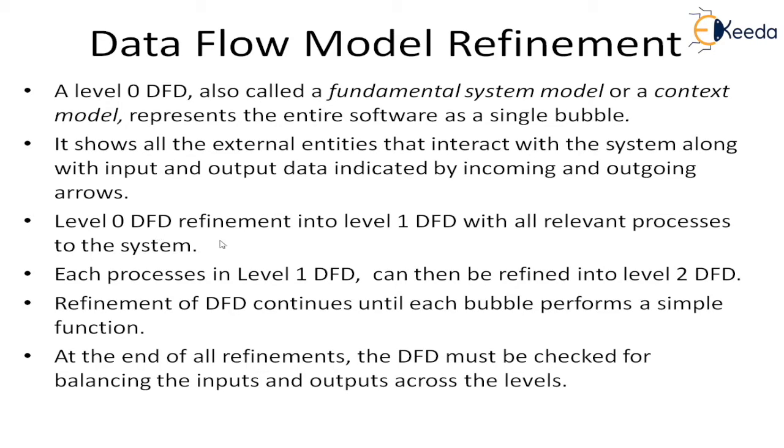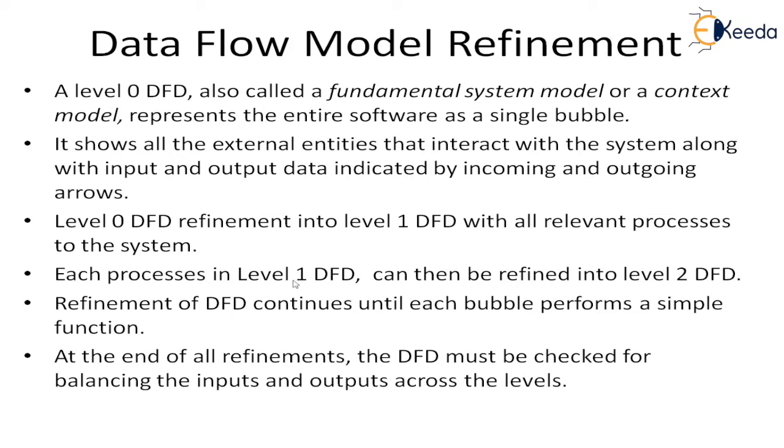Level 0 DFD is refined into level 1 DFD with all relevant processes to the system. When we say relevant, that means all the major processes. So when we go from the level 0 DFD to the level 1 DFD, we have to break this system into the major processes or the major branches of functionality of the system.